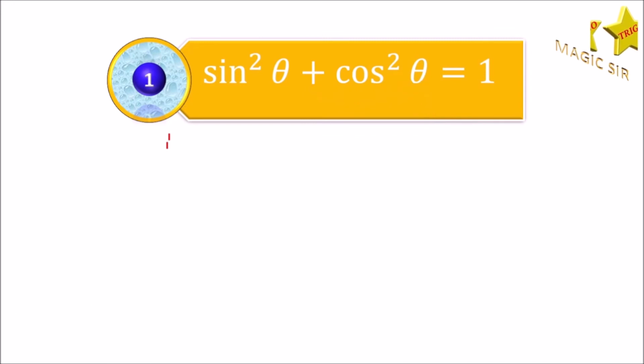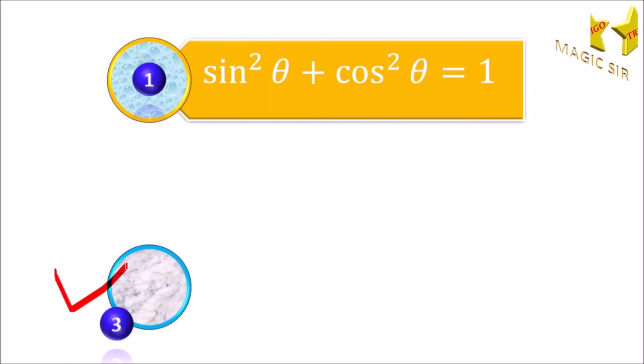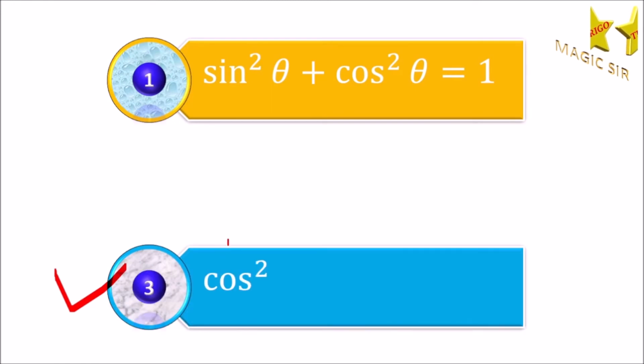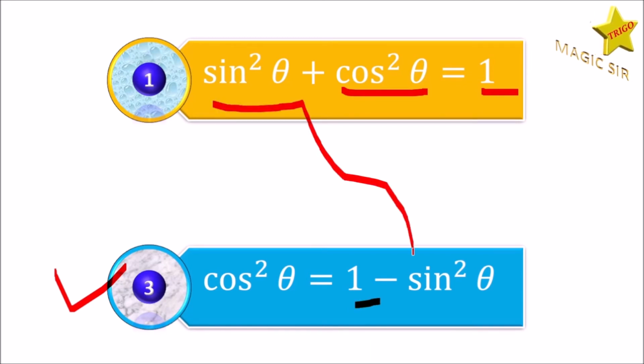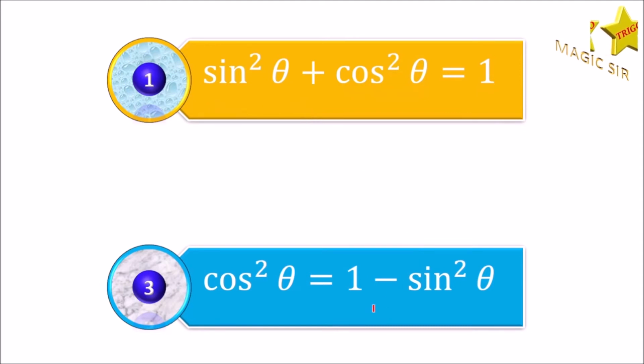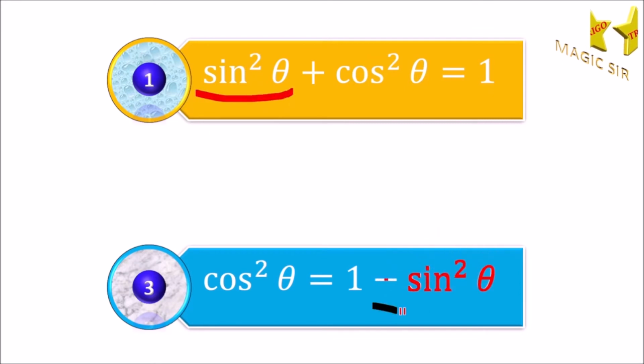Similarly, we can write cos square theta is equal to 1 minus sin square theta. Here, cos square theta remains as it is, 1 remains as it is. Let us change the side of the sin square theta from left to right. So, positive sin square theta changes to negative sin square theta.